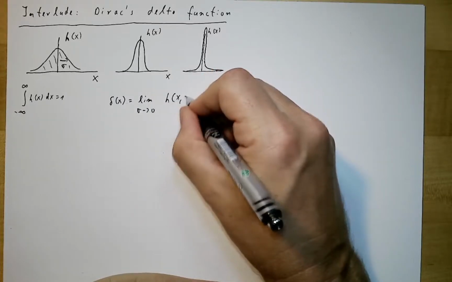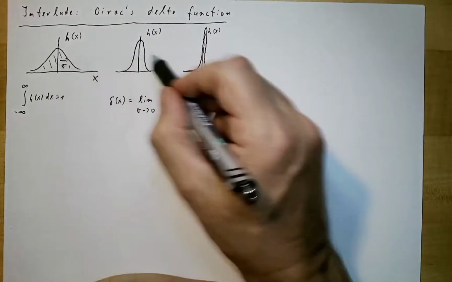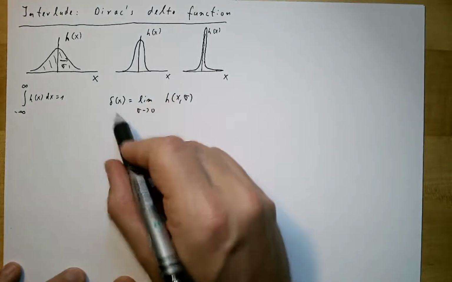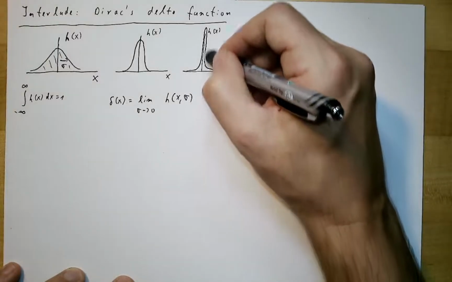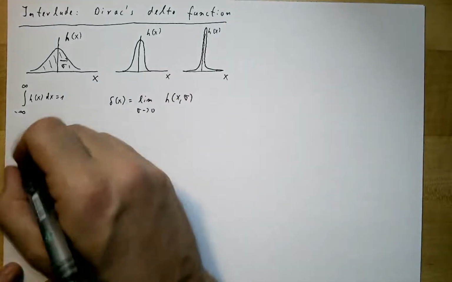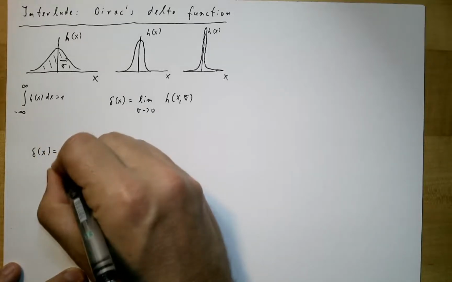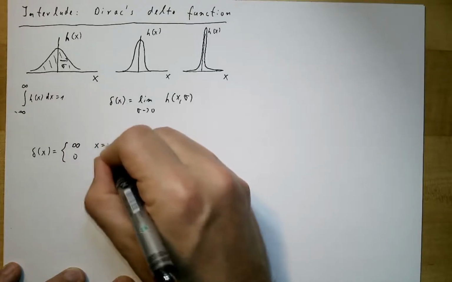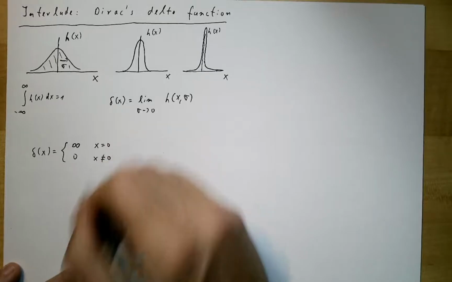I should have given this an argument sigma so that you see here the width of this distribution. So basically this means we have a distribution which has value infinite at 0 and 0 everywhere else. So delta of x equals infinity if x equals 0, and the function is 0 if x is not 0.